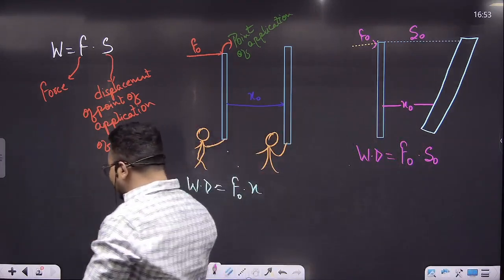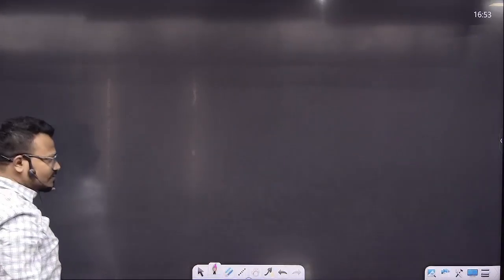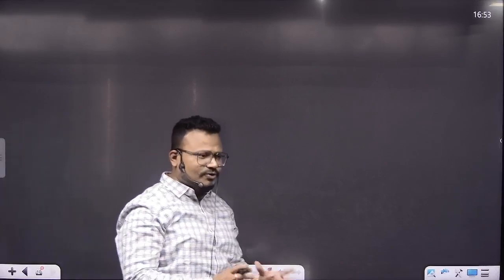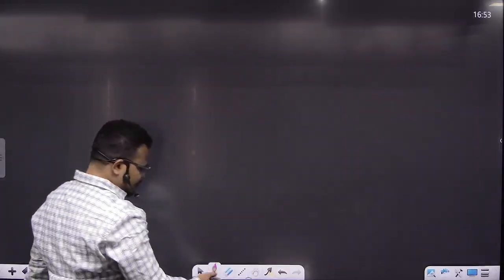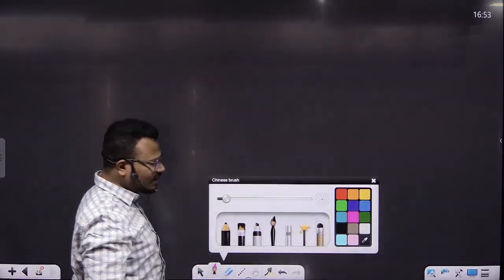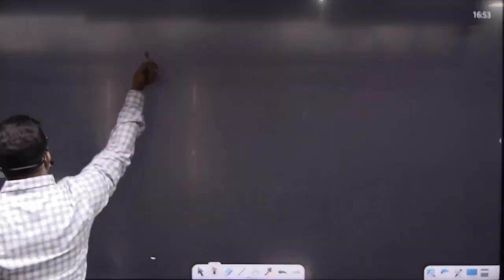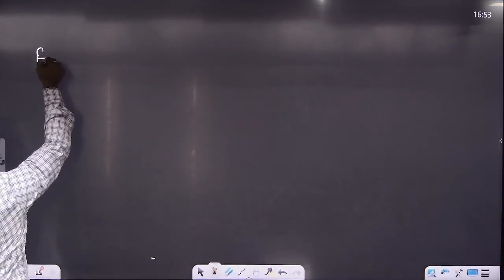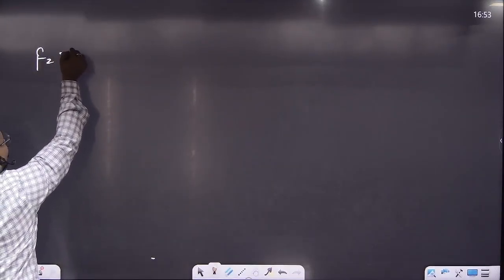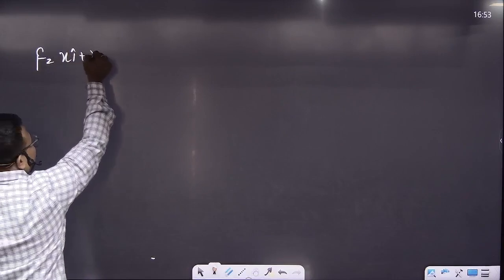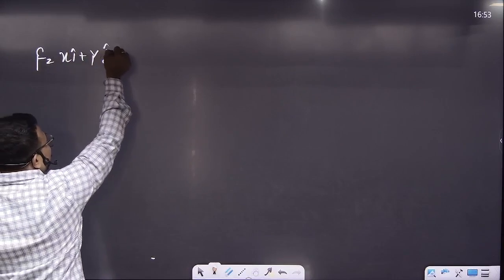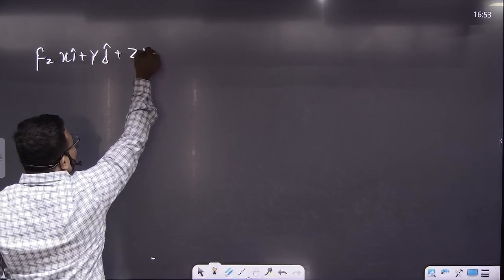A little bit more we will talk about the constant force. Let's see, after this it will be more clear for you. Constant force means, say F equals x i cap plus y j cap plus z k cap.